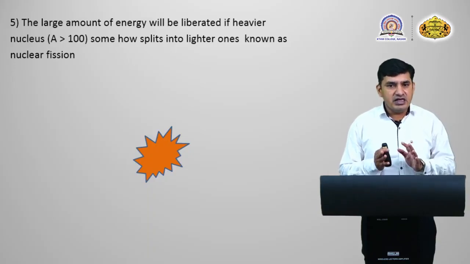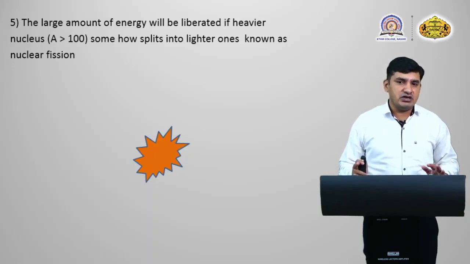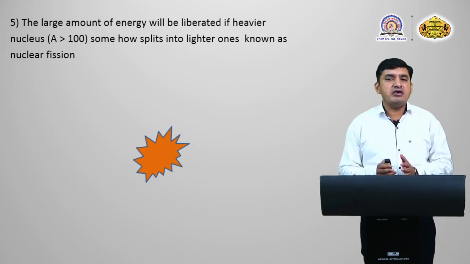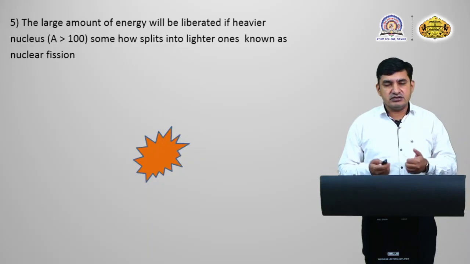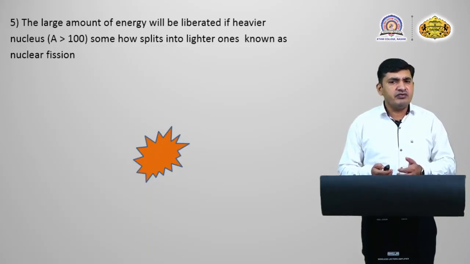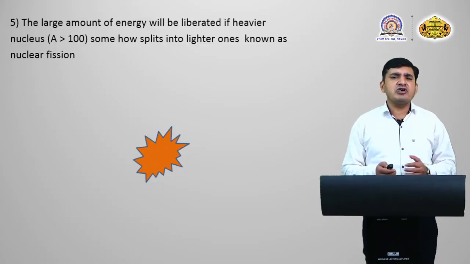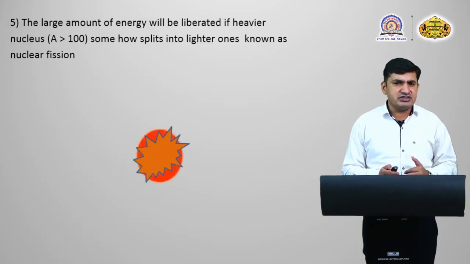The heavier nuclei have unstable nuclei, and so this heavier nucleus is split into lighter nuclei, or we can say it breaks into fission fragments, and a large amount of energy is released.